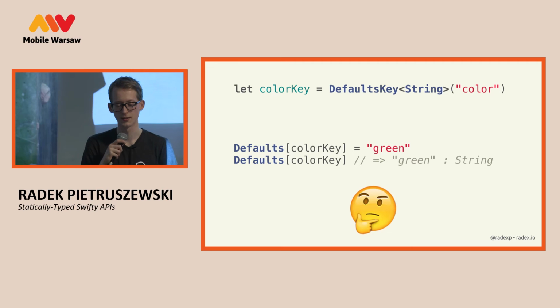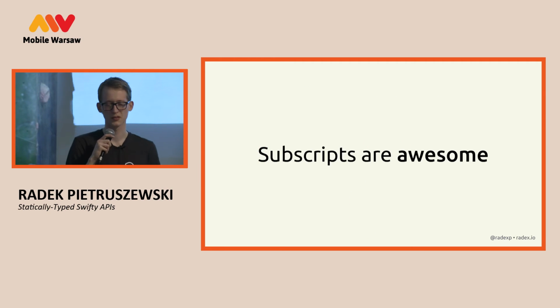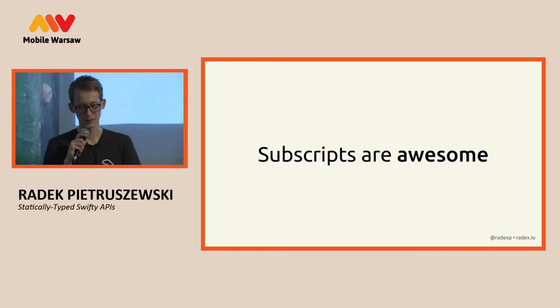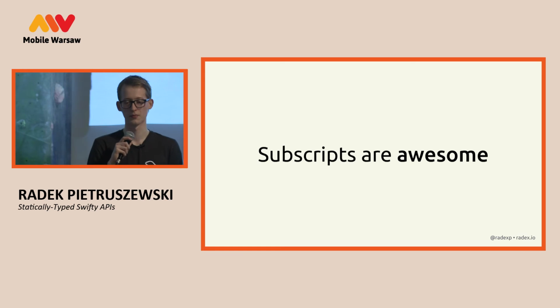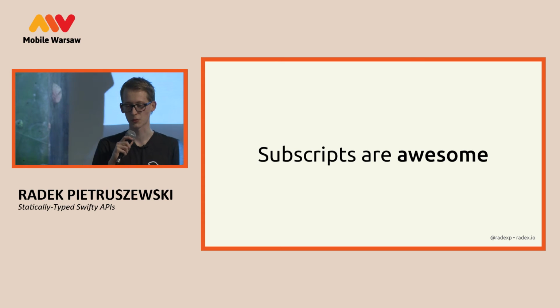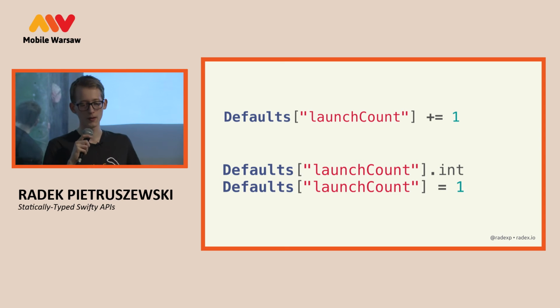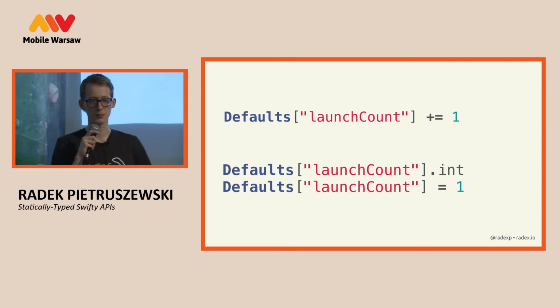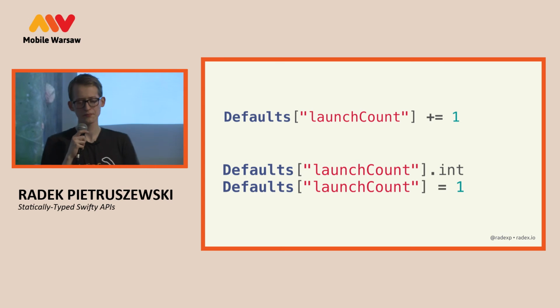Isn't this interesting? And another thing, this is quite Swift specific, so I apologize if you're not a Swift programmer, but this is really cool. Swift subscripts are just awesome. Their semantics are just great. So before, I added += and ++ operators for my user defaults proxy object.